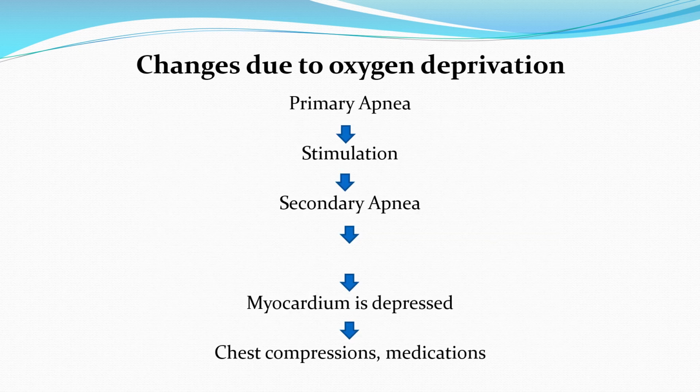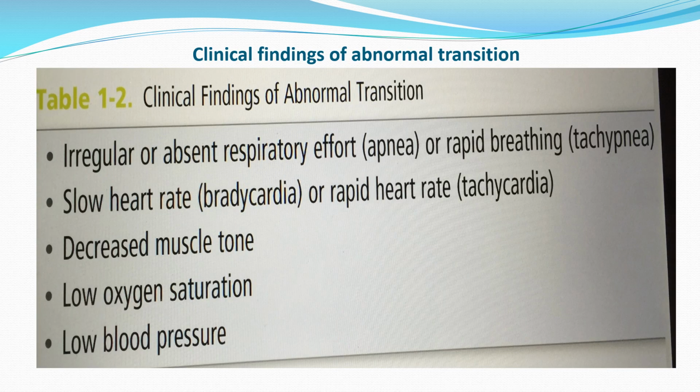With effective positive pressure ventilation, there might be return of breathing and circulation, but if there is no effective positive pressure ventilation, the myocardium will be depressed, and then we need chest compression and medications for improvement of ventilation and circulation. So these are the clinical findings of abnormal transition.